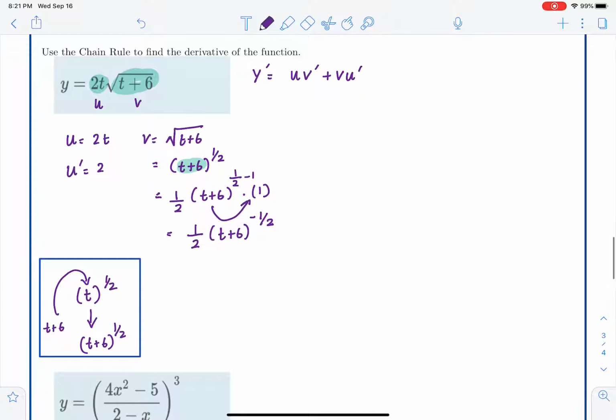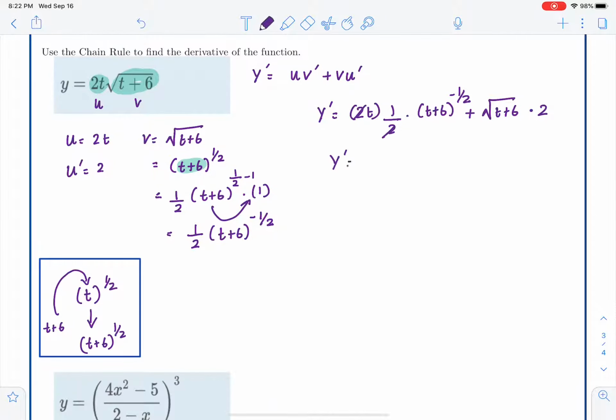So now we can take those values and plug it back in y prime. 2t multiplied by square root of t plus 6 plus, v prime is 1/2 times (t plus 6) raised negative 1/2 plus v is square root of t plus 6 multiplied by 2. Those two would go away.